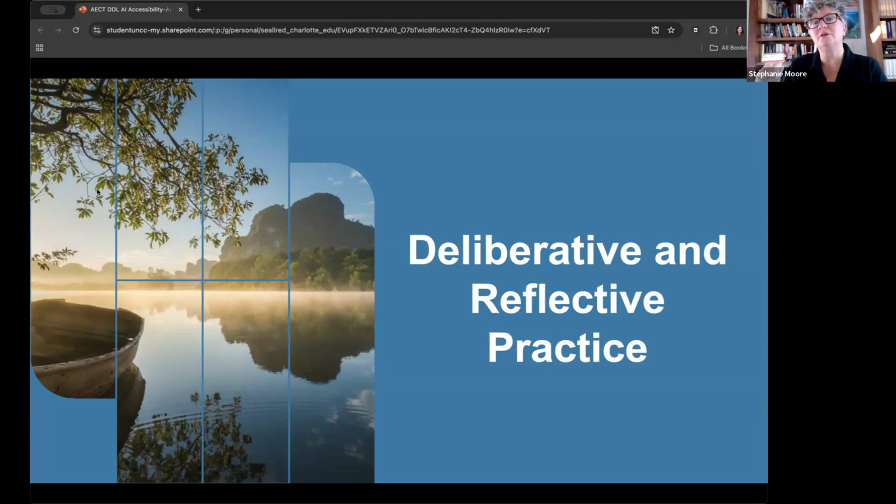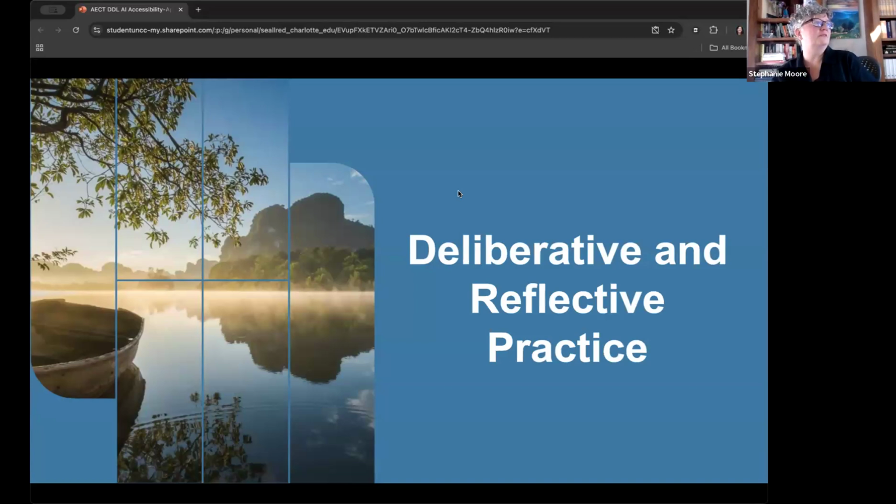Those are excellent questions that instructional designers really need to be asking and layering in around accessibility. That's literally how we go beyond technical or legal definitions of accessibility to framing this as learning and really thinking about what we're doing from that learning perspective. So we wanted to end with, kind of bookend everything, with this idea of deliberative and reflective practice.